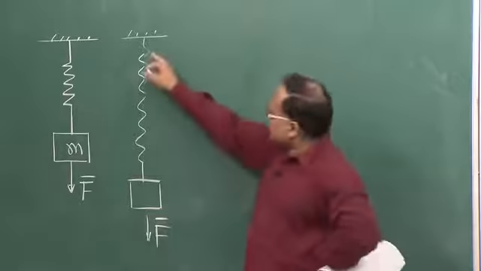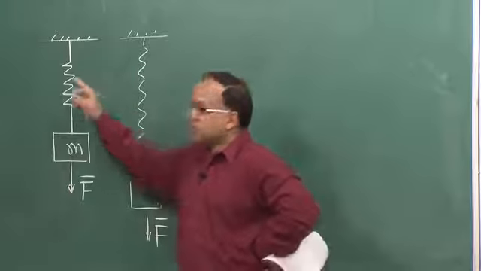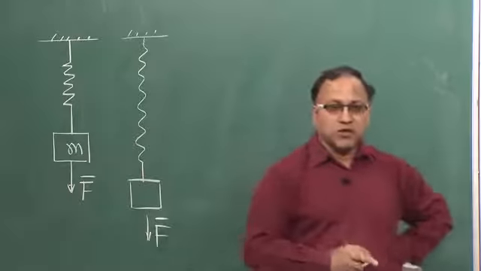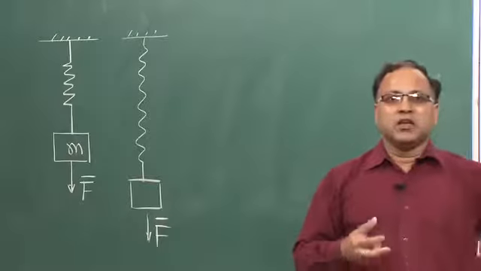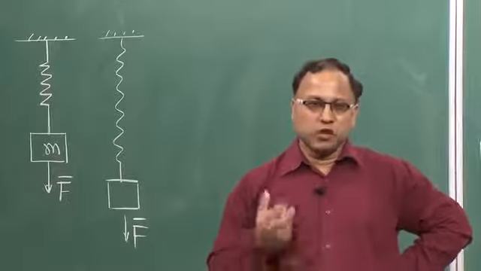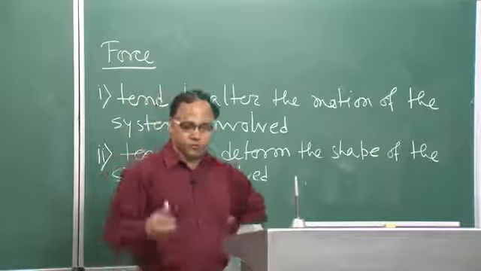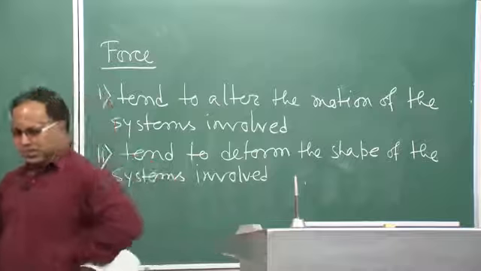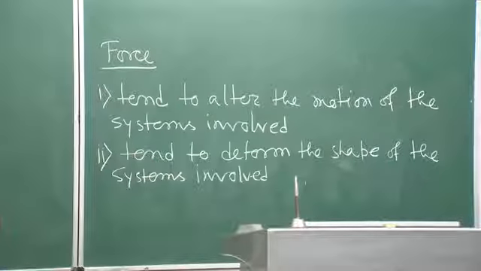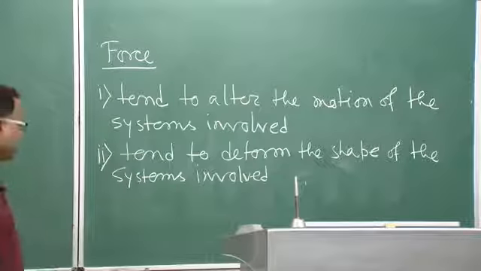Now, you see this is not exactly the same shape as what you started with. So, this kind of deformation might happen due to the application of the force. The force will cause these two effects: one is the alteration of the motion, and the second is the deformation of shape.